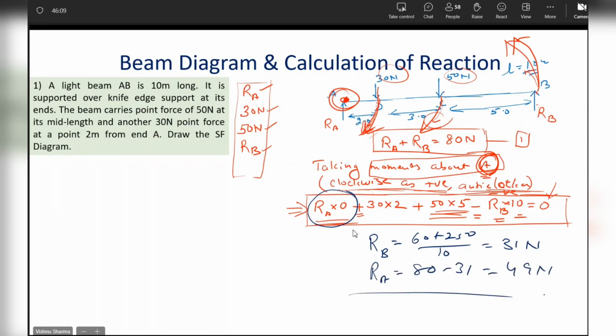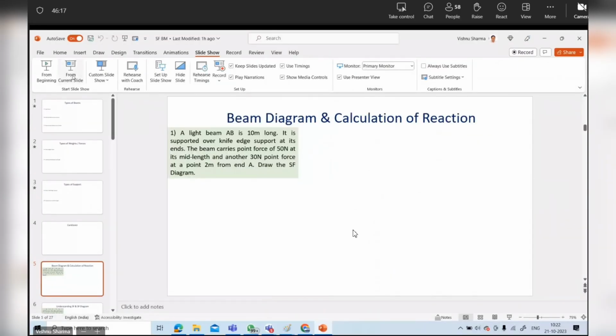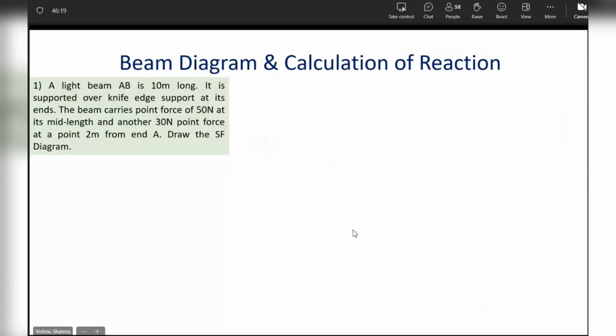Now I'll clear this again and I'll make the diagram again and I'll speak the things again as I'm doing. That will be the first step of every question, even before SFBM comes into calculations. First thing we'll do is we'll make the beam diagram. AB. Question says it has knife supports at both the ends, so knives as supports.